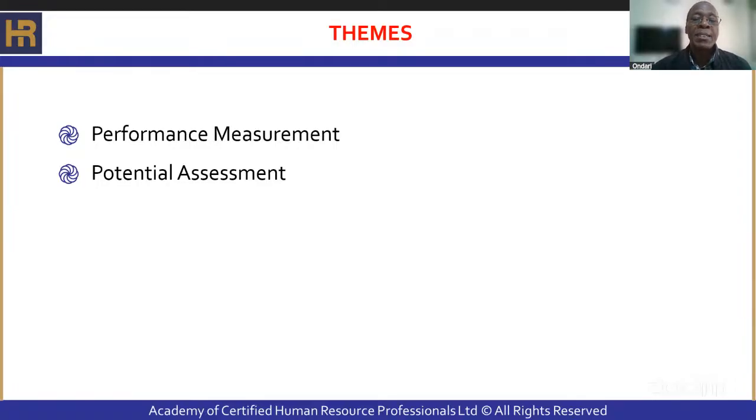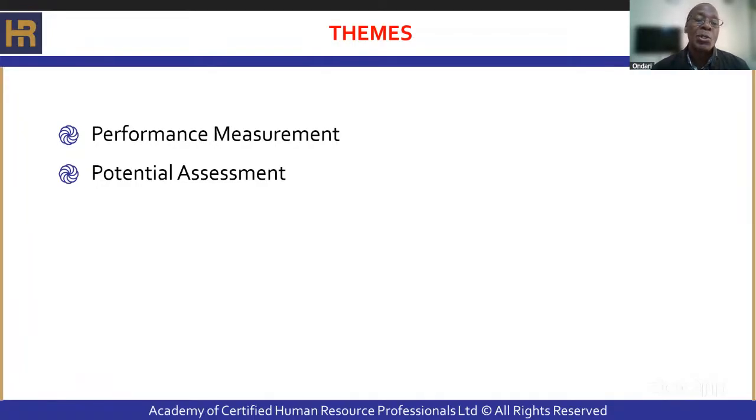For example, in a sales department, we are looking at the volume of sales if you are selling goods, or the revenue collected over a period of time, or amount of money spent in looking for new customers, or in some cases, the number of customers that have been acquired over a period of time. For qualitative measurement, we are looking at the behavioral aspects like employee satisfaction or customer satisfaction when we are looking at performance. These are measures that we shall be looking at as we move on through this program today.